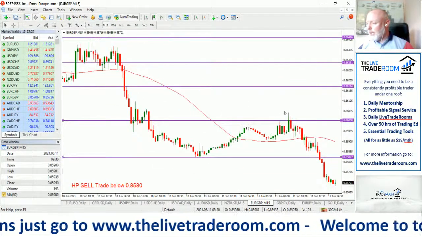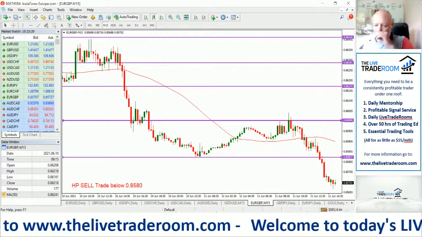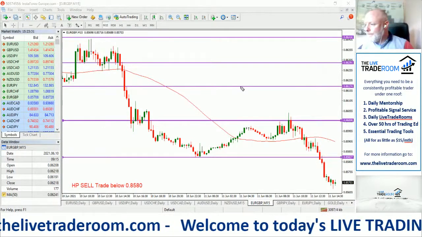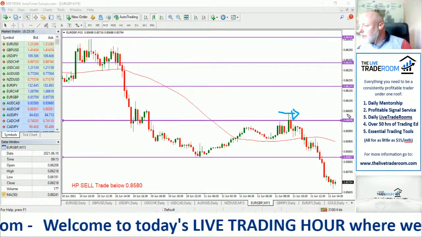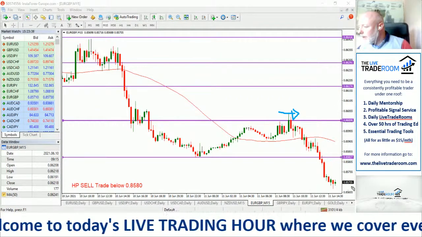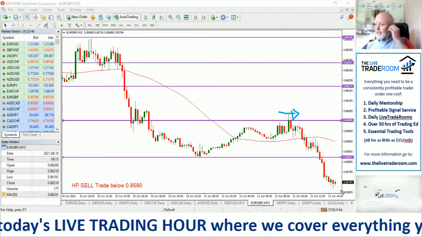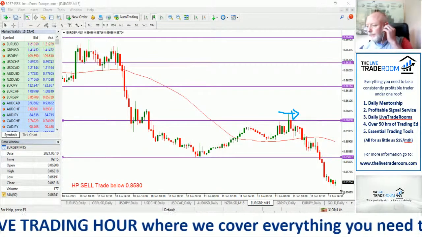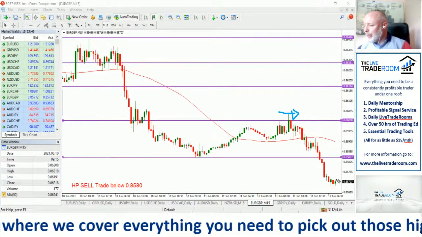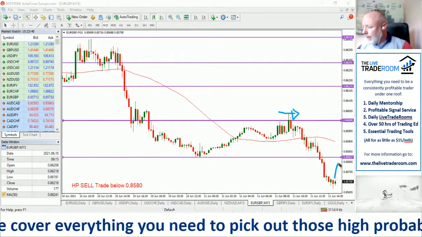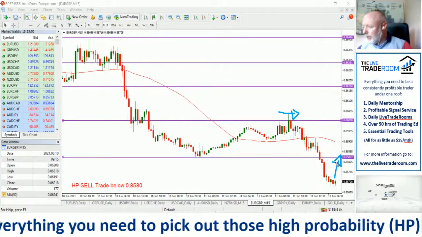Again, you're looking at a sizable stop loss in this market. Looking around this 86.05, we're now down at the 85.70. There's an opportunity for a little pullback at 85.82.